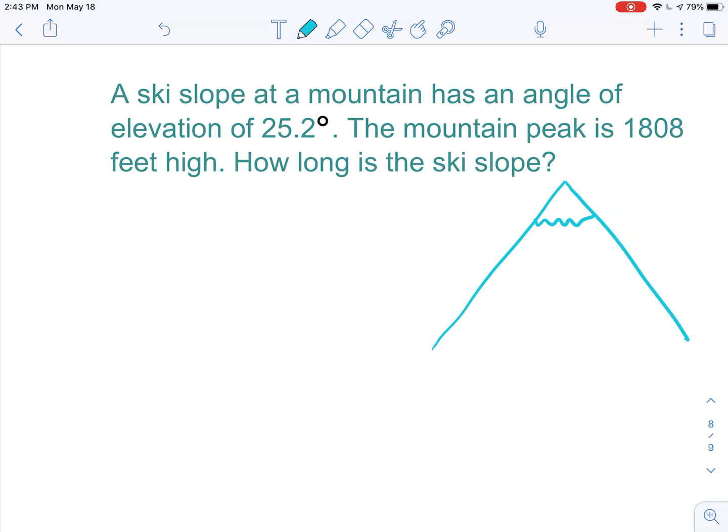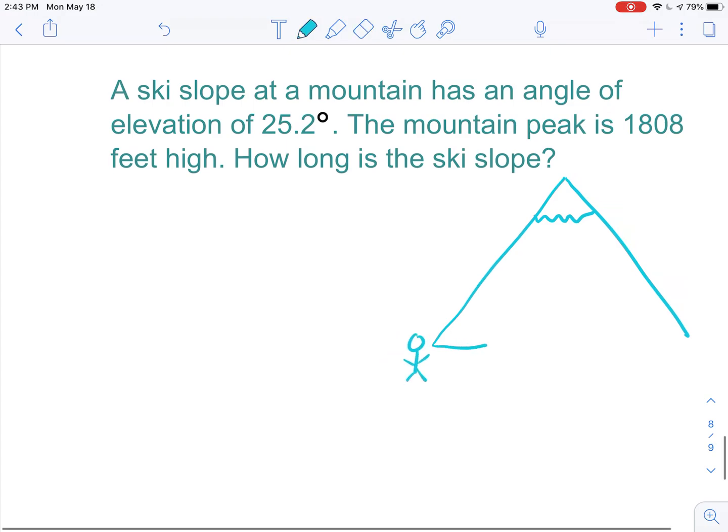Okay, the angle of elevation would be if you were to be looking from the base of the mountain up to the top of the mountain. Okay, so I'm actually going to draw that closer. Okay, this right here is our angle of elevation, and that is 25.2.